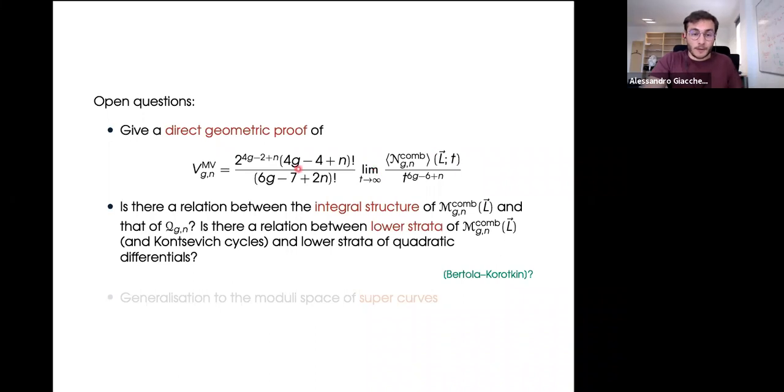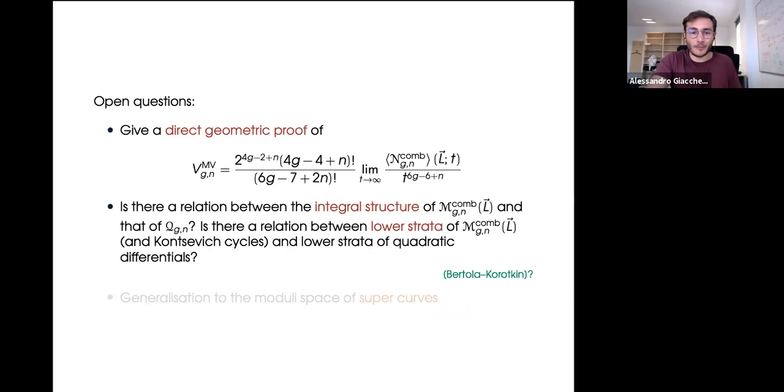And a second question is, on this moduli space, the combinatorial one, there's an integral structure, and the same is true for the moduli space of quadratic differentials. Is there a relation between the two? And also, is there a relation between lower strata of this moduli space and lower strata of the moduli space of quadratic differentials?